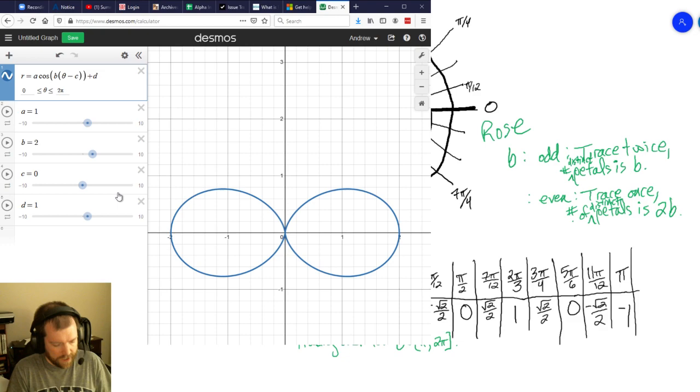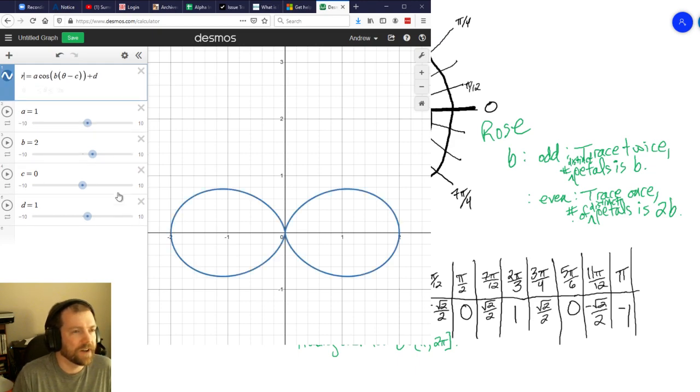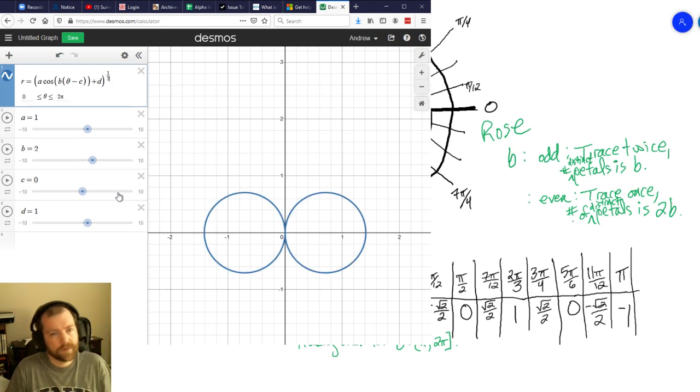What it actually is, if we had r squared, which unfortunately cannot be displayed in this particular format, if we took everything and took the square root of it, then this is what we get.